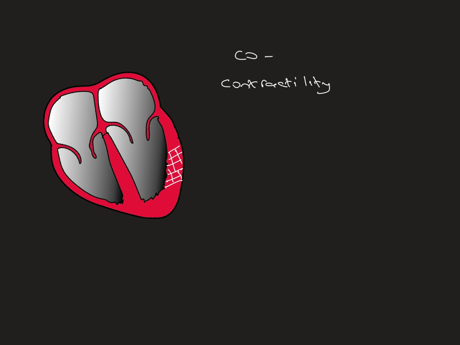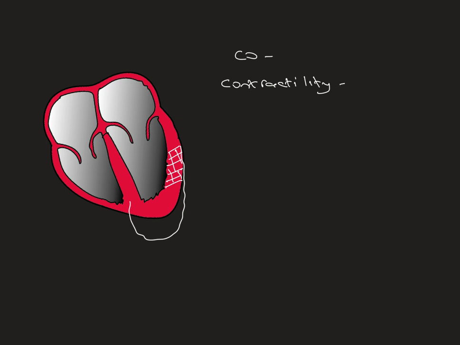The heart won't be able to bounce back as well as it could have done because some of that muscle has actually died. Or if the patient has got a big baggy heart anyway because they're old or they've got a cardiomyopathy, then again the contractility is reduced.